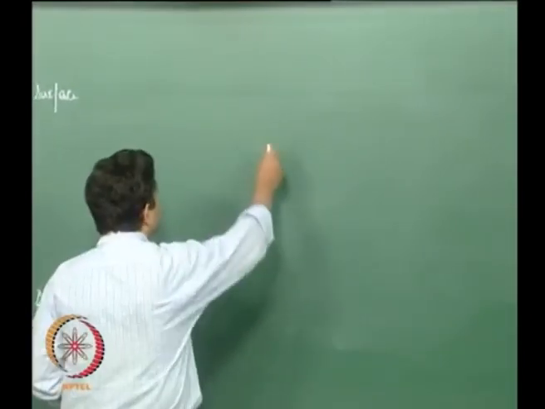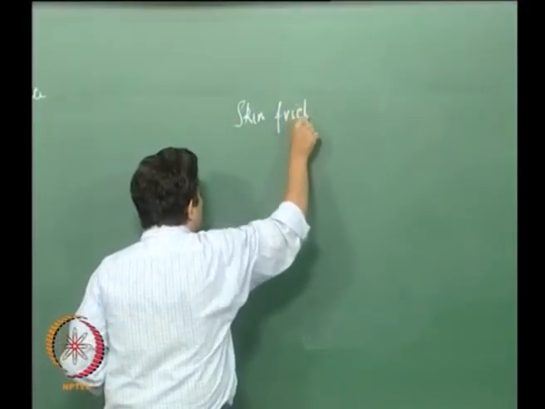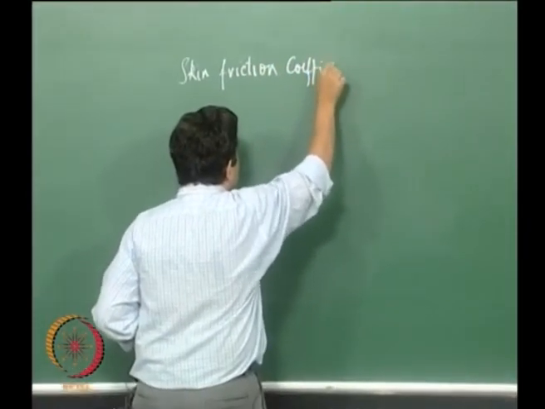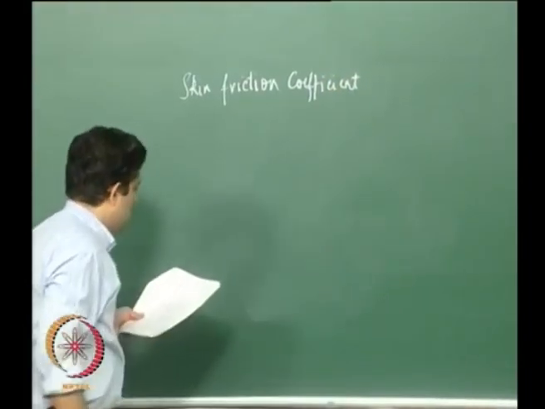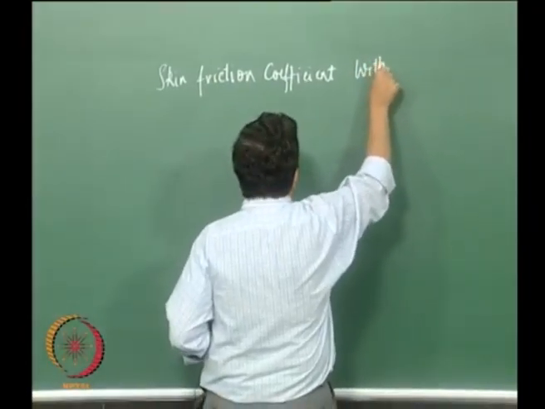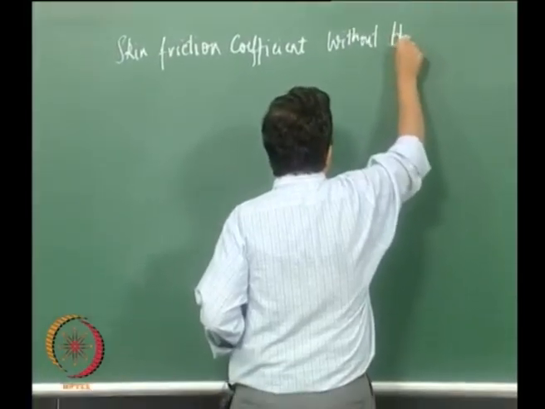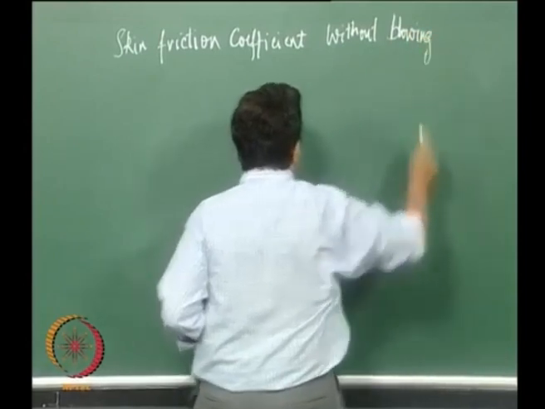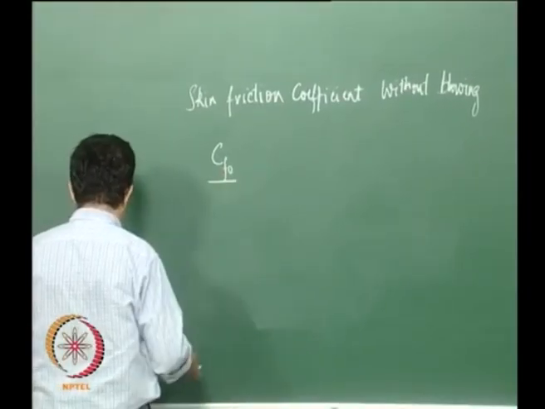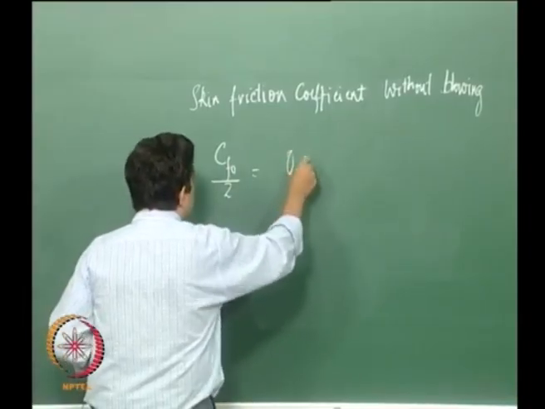So, skin friction coefficient without blowing we can write as Cf naught by 2 is equal to, in terms of Reynolds number.